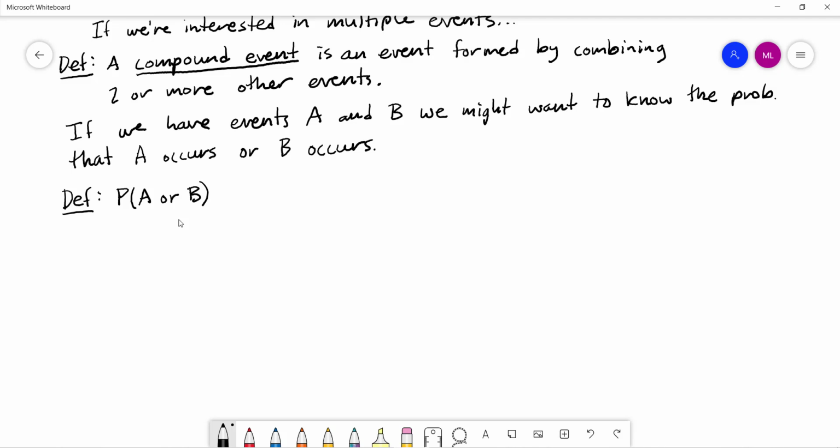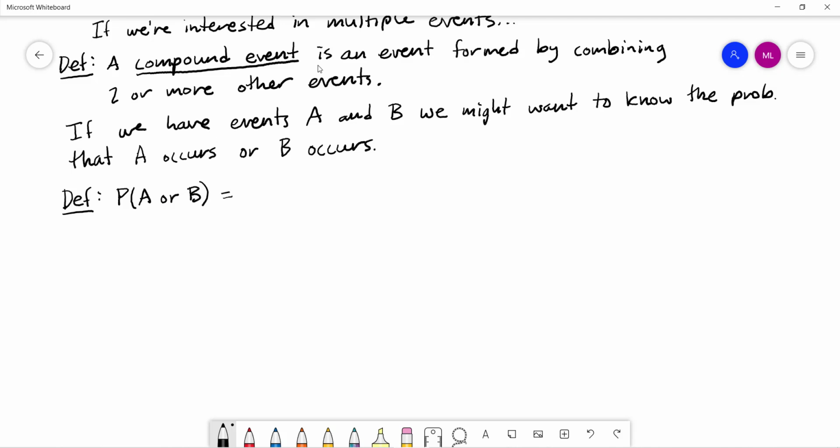And so this is the distinction. There's inclusive ors, where we mean really you can have A or B or both. That's inclusive. And exclusive ors, where you're only allowed to have A or B, but definitely not both. And in this case, the or that we're going to be talking about is the inclusive or.